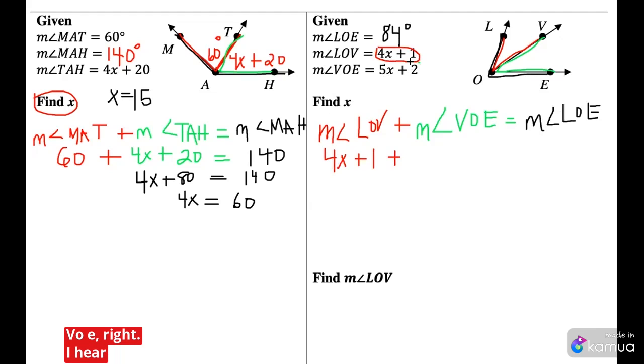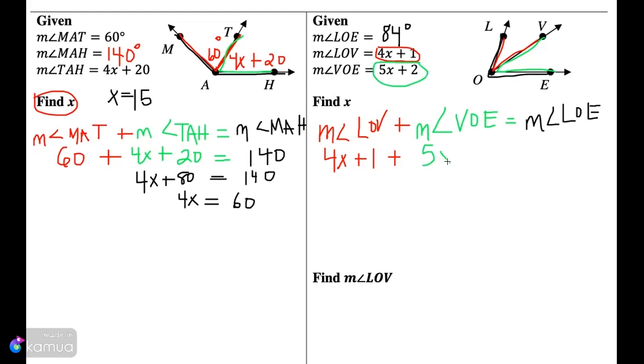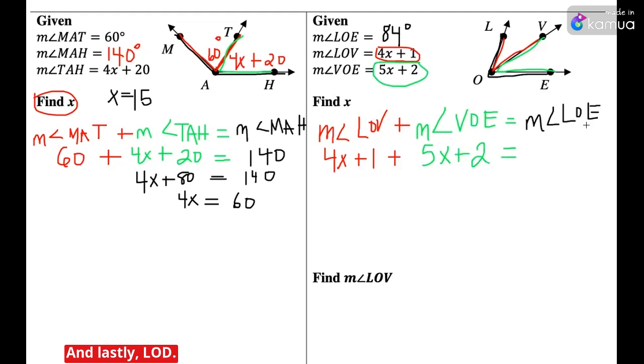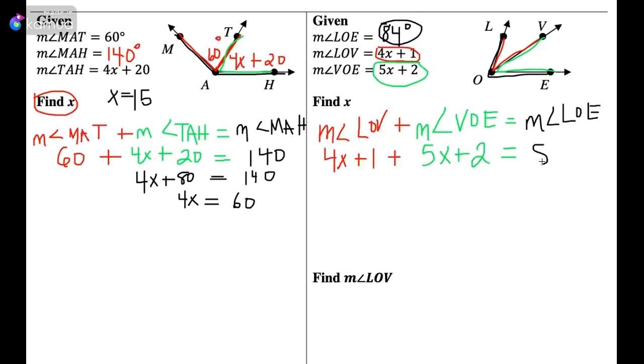VOE right here, 5x plus 2. And lastly, LOE, we have 84. So again, geometry is complete.